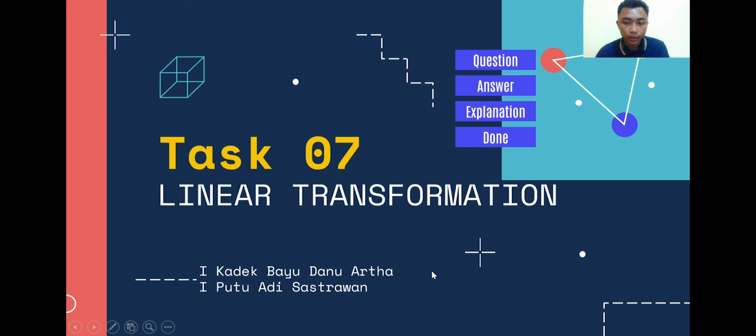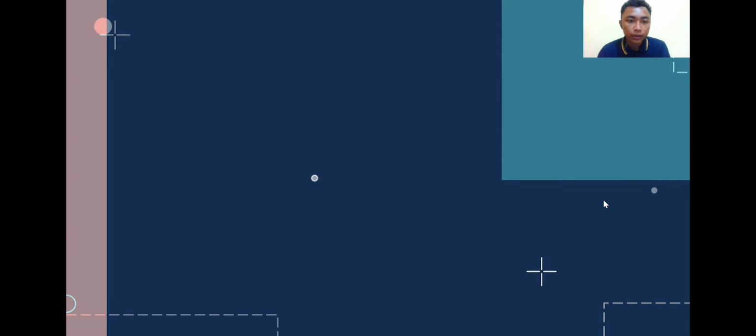I made this with my friend Putu Adi Sasrawan, and my name is Kadek Banuarta, with the last three digits of my name being 025. I'm sorry if in my explanation I use Bahasa, because sometimes I cannot explain in English. So I will start the explanation.